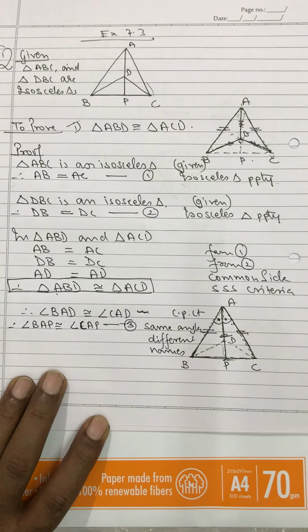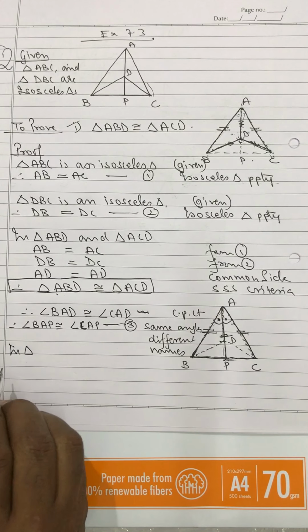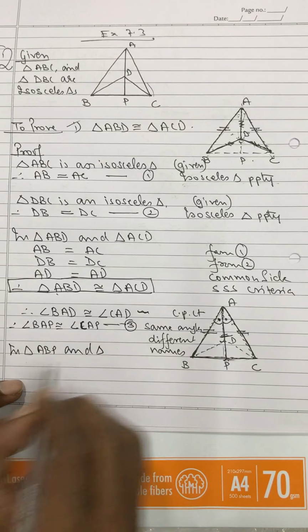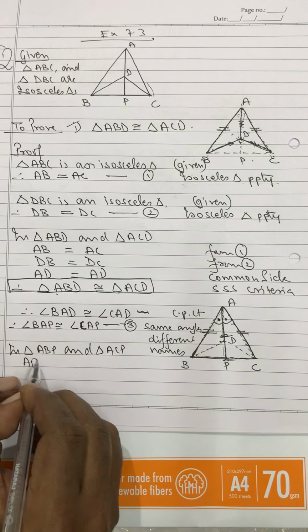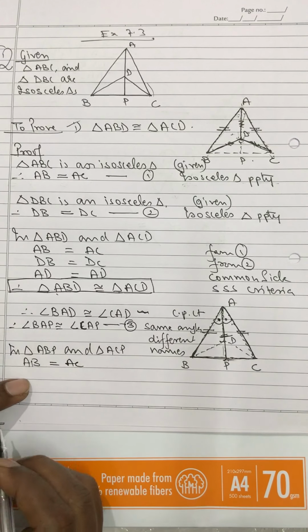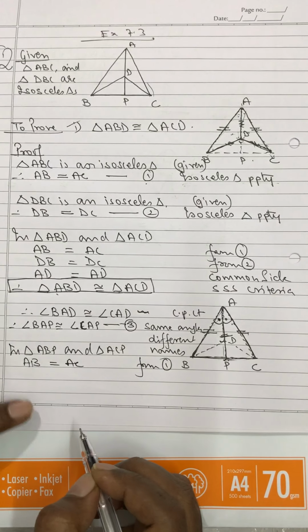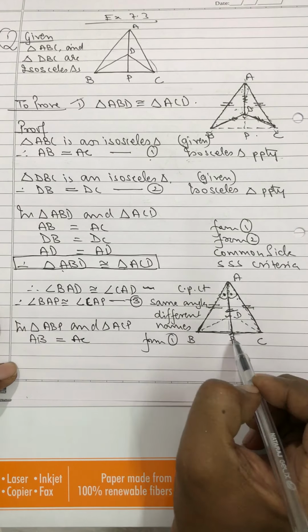Okay, so likewise now this comparison is ready. Now I can say in triangle ABP and triangle ACP, AB is equal to AC. This is from 1. DB is equal to, no, that is not required. AP is equal to AP.